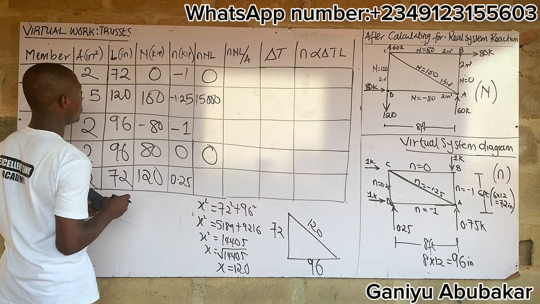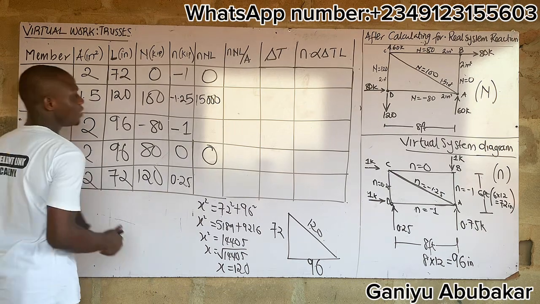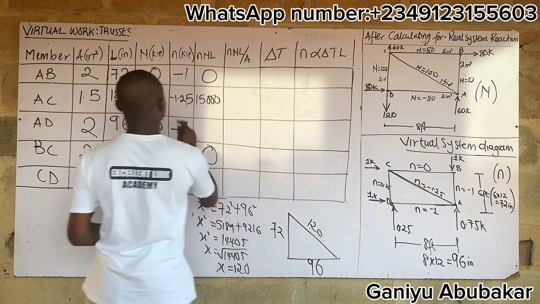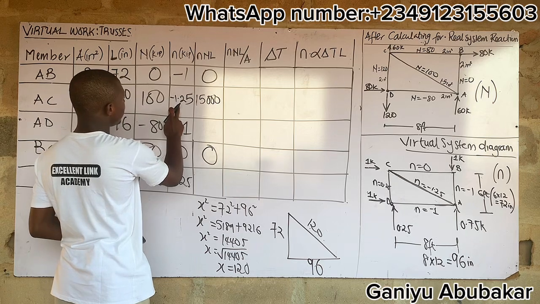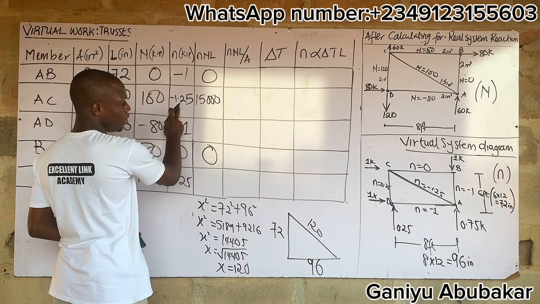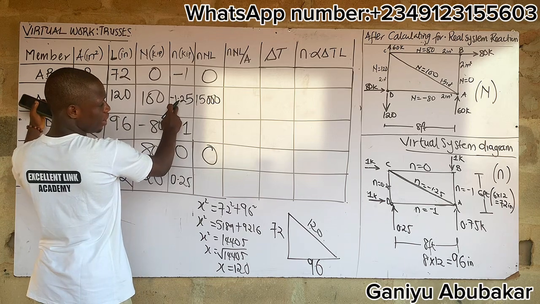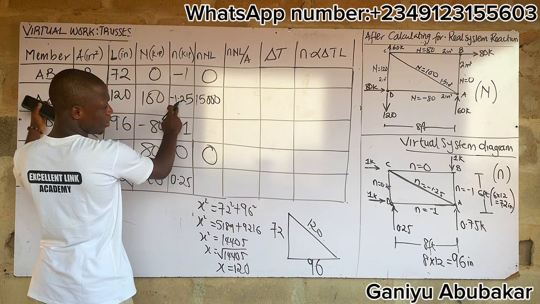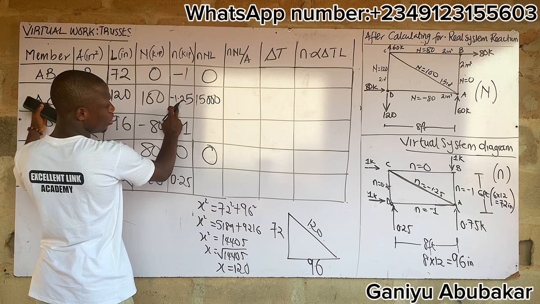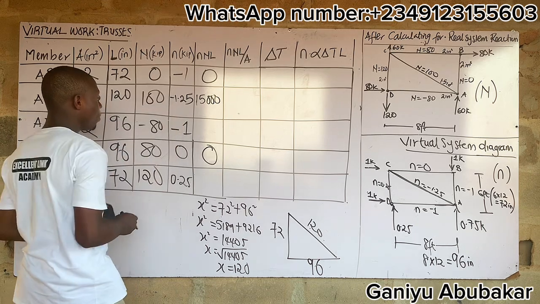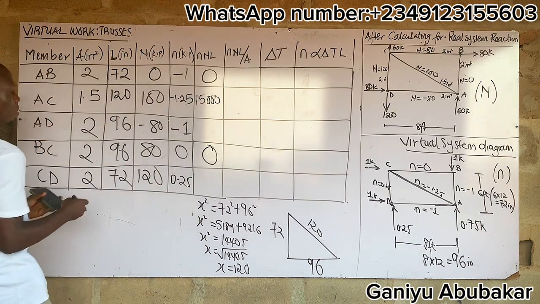Look up AC. What's AC? Is it negative? Small n. AC. Okay. All right. I have 15.